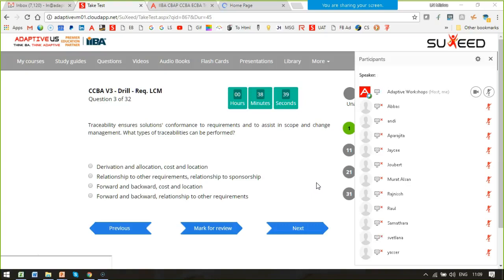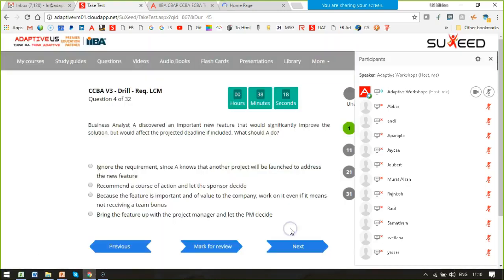Okay. So when we talk of requirements traceability, we look back to our project objective, project scope. We look forward to the implementation, design, test cases, and of course, the relationship between the requirements. Very good, Aparajita.